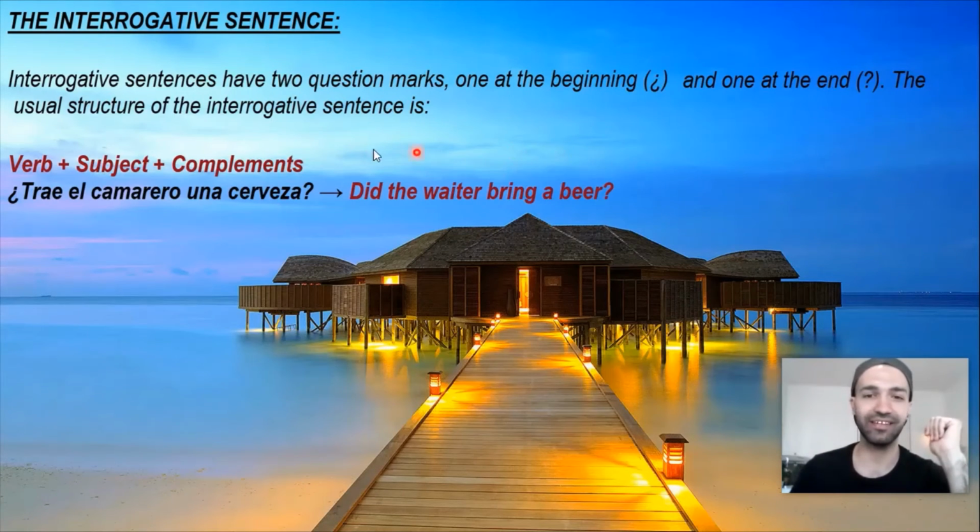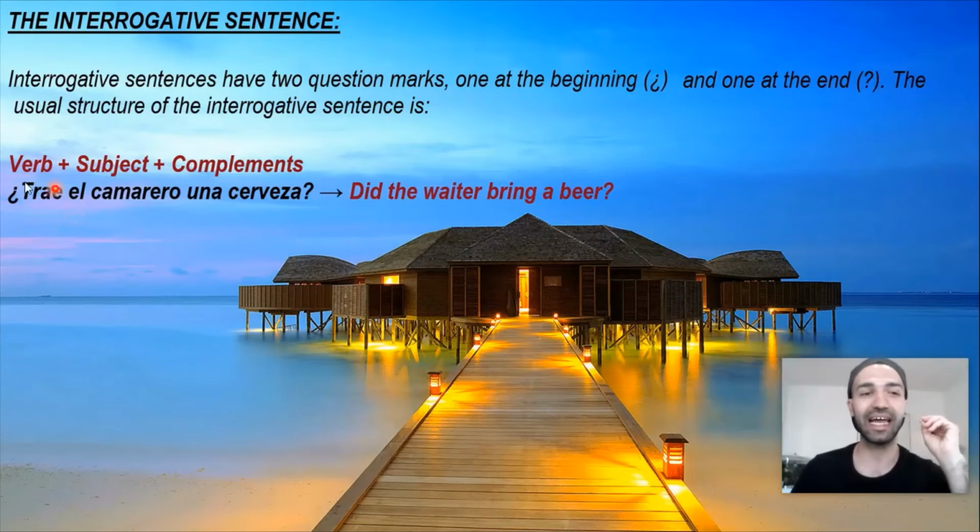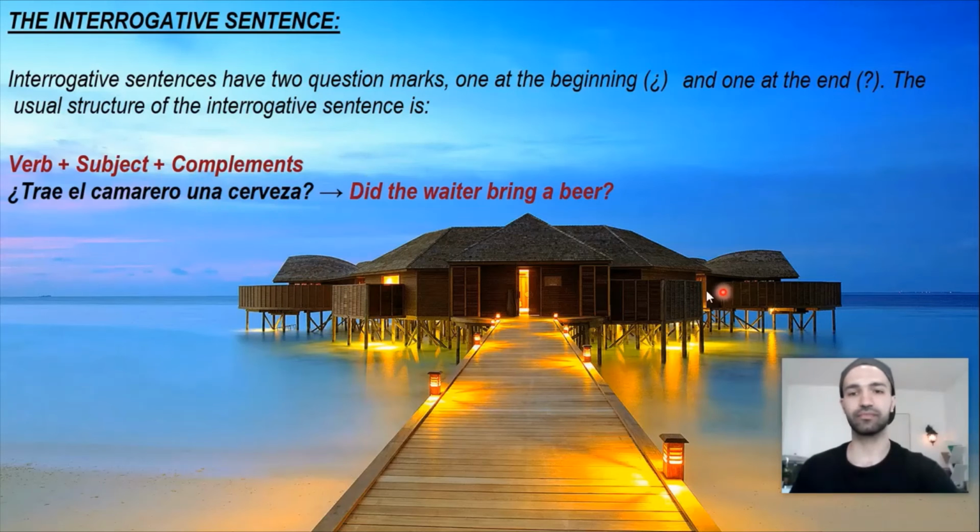In English we use the auxiliary and ask "Did the waiter bring a beer?" But ¿trae el camarero una cerveza? In Spanish, here we use the present tense. Does the waiter bring a beer? Trae, verb, el verbo traer, to bring. El camarero, the waiter, the subject. And una cerveza, the complement.